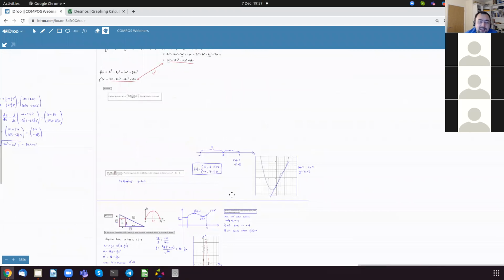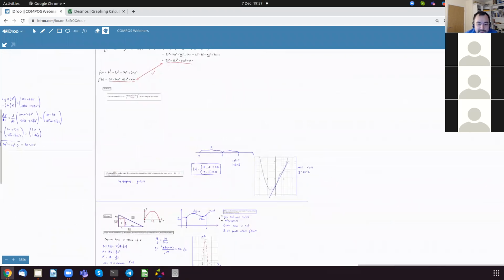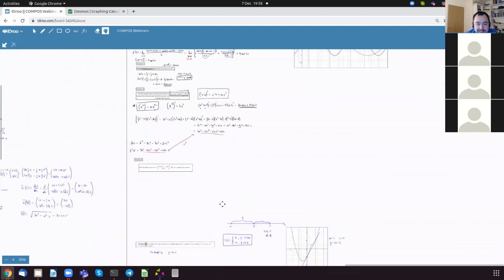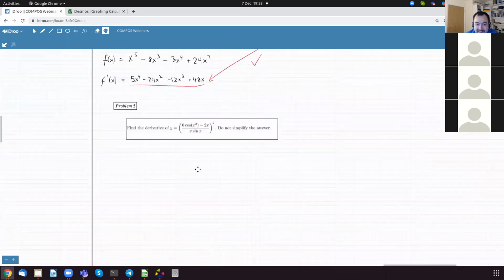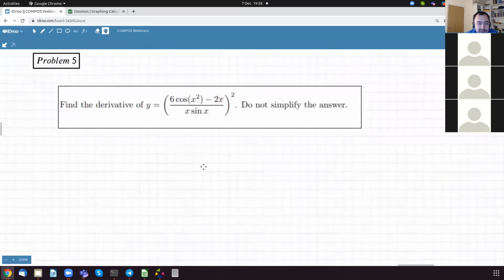Now, the last problem that I wanted to discuss with you is horrible. Nothing like this is in the assignment, so you should not worry that you will face something like that. What I want to demonstrate by doing this problem is that you can pretty much find the derivative of any function, no matter how difficult it looks.